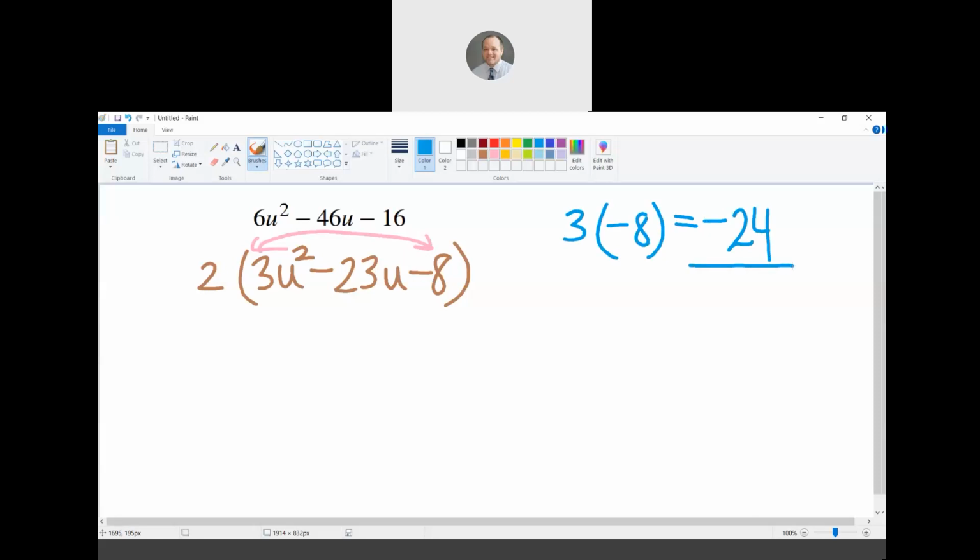Our next step, figure out the factors of negative 24 that will somehow add or subtract to give us a negative 23 in the middle. Through trial and error, you'll come up with the factors negative 24 and positive 1.